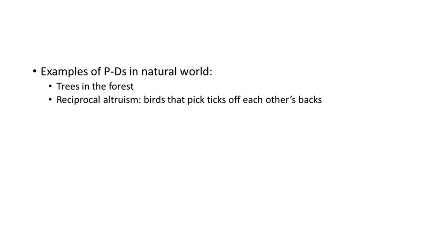But they don't, because you've got a prisoner's dilemma situation. If the other trees are growing tall, it's rational for you to grow tall. If all the other trees are not growing tall, it's rational for you to grow tall. So whatever the other trees are doing, the thing to do is to grow tall.